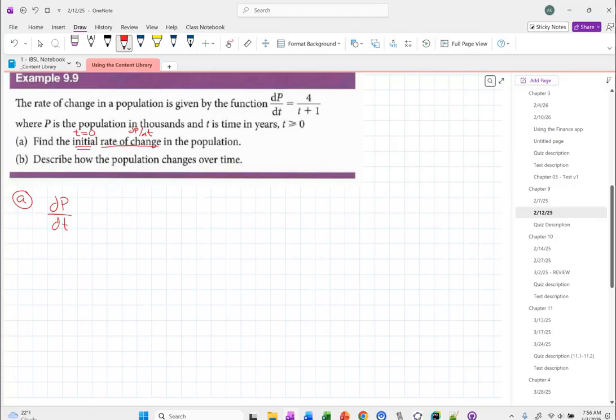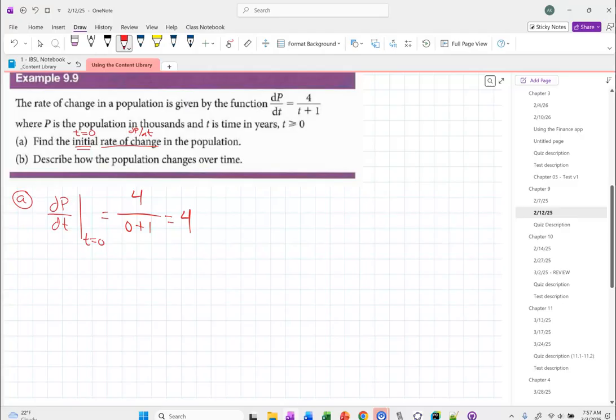So the way we notate that is we draw a vertical bar with t equals 0 after it. That's our function notation for a derivative written in this way. Is everybody okay there?